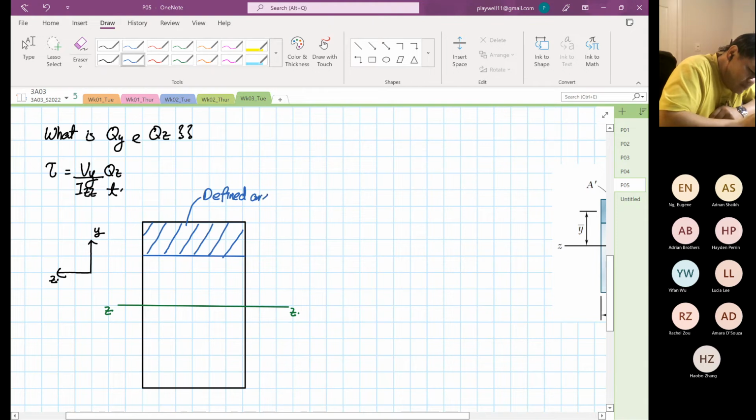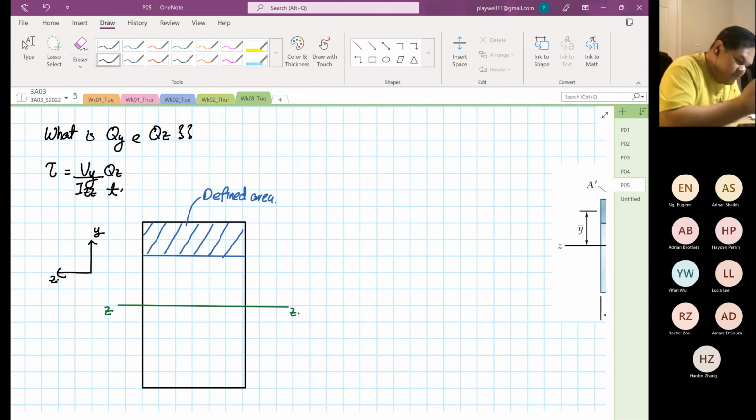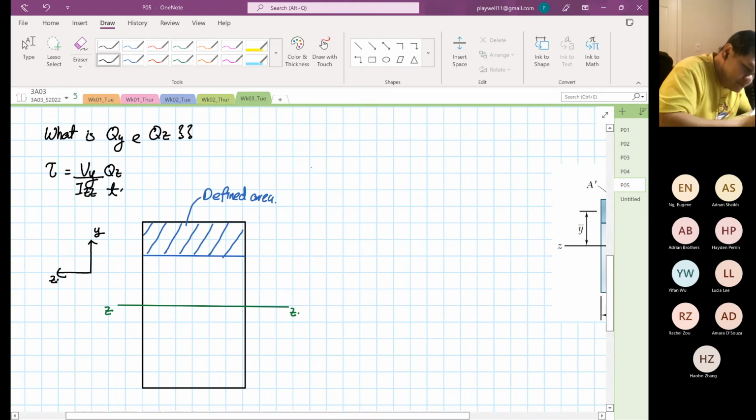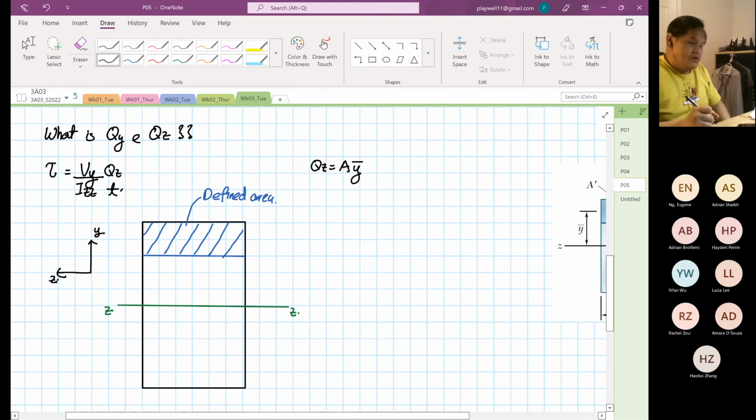If we look at the formula, Qz is equal to A Y bar. So where is this Y bar?